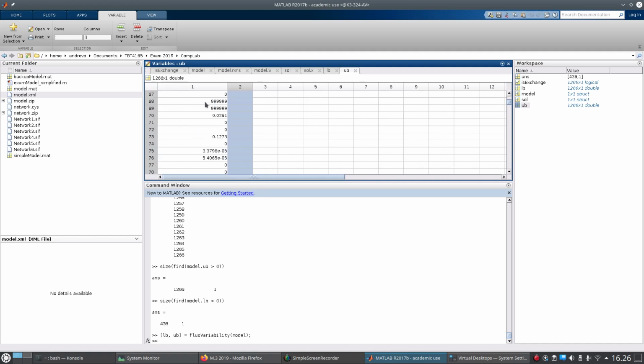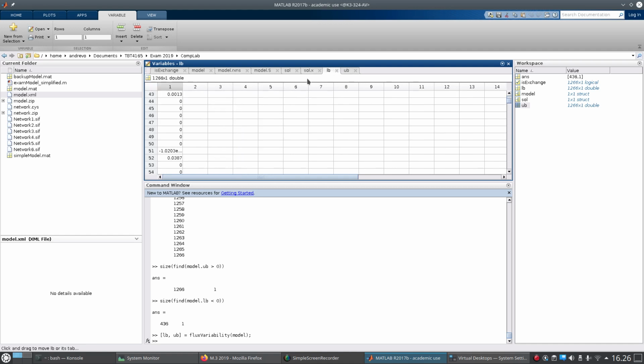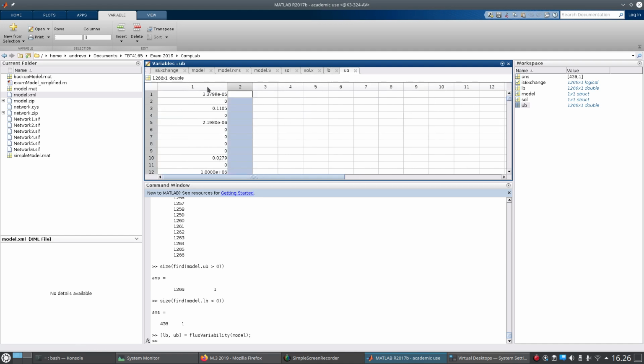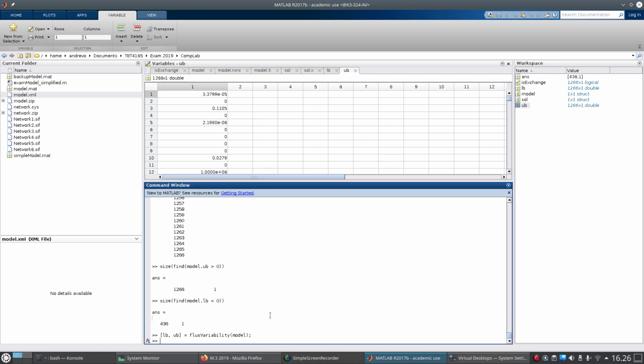Now, what we see here is quite a few that are non-zero but very low, and these could very well be just numerical errors. But let's disregard them for now. So what we want to do is find all the elements where the lower bound is below 0 and the upper bound is above 0.